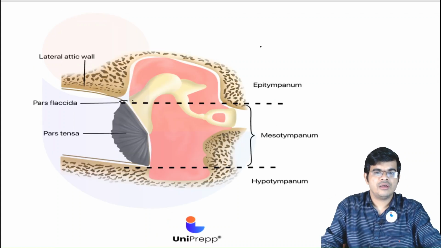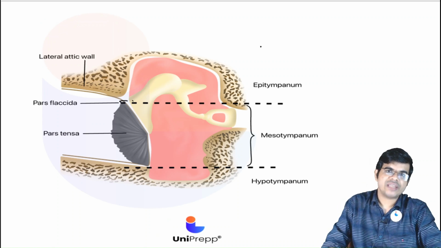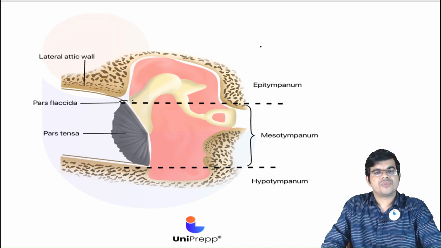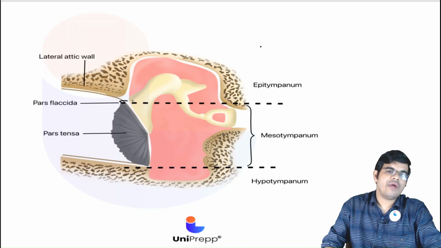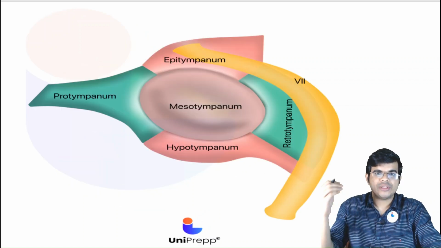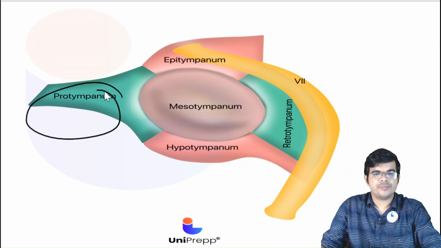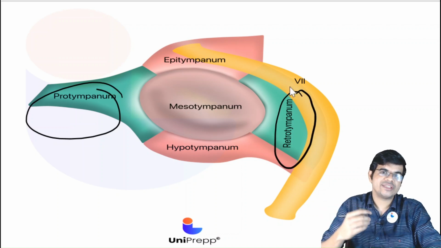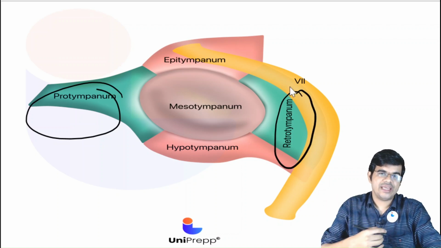Okay, now coming to the various spaces within the middle ear. Broadly you can divide it into epitympanum, mesotympanum and hypotympanum, but actually there are 5 spaces including the retrotympanum and the protympanum. The area around the eustachian tube is called the protympanum, and the area behind the mesotympanum is the retrotympanum, where you can see the facial recess and sinus tympani.